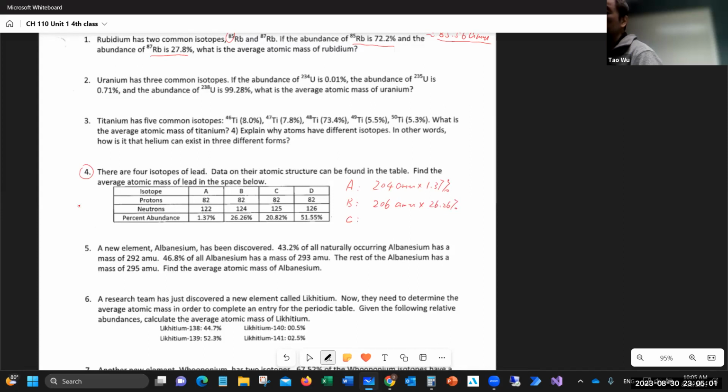For C, we have 82 plus 125, which means 207 AMU, times 20.82%. And D, 82 plus 126, so that's 208 AMU, and you times 51.55%. Okay, so once you have each of these, then you add them together. That's it.